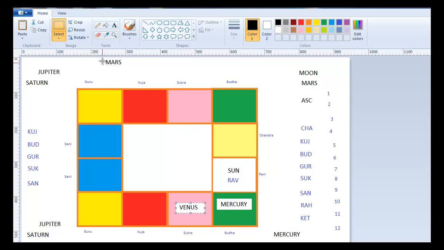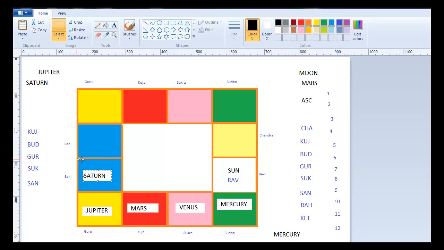So I put it here. And after that it is Mars. And then it is Jupiter. And then it is Saturn. This is the way the solar system is. Right in the middle, the sun. The next one in the orbit, Mercury, then Venus, then Earth, but we're not putting Earth because we are on Earth. The next one is Mars, then Jupiter, and then Saturn.